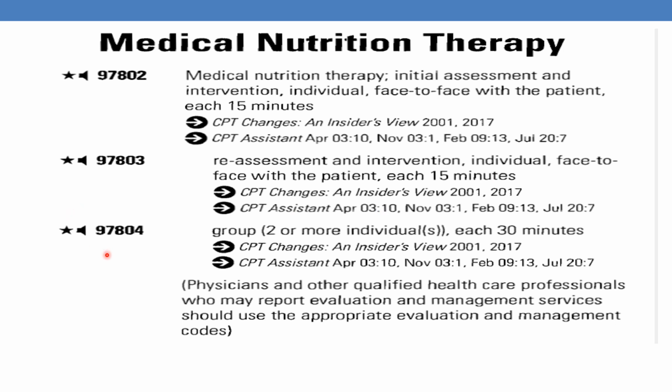And finally coming to 97804, this is coded whenever the physician examines a group of patients, that is 2 or more individuals, for each 30 minutes. And physicians and other qualified healthcare professionals who may report the E&M services should use the appropriate E&M codes instead of medical nutrition therapy.